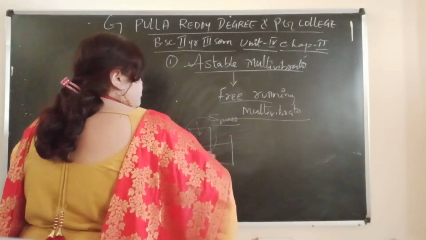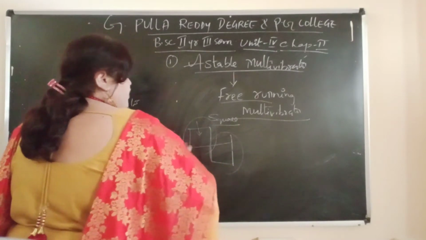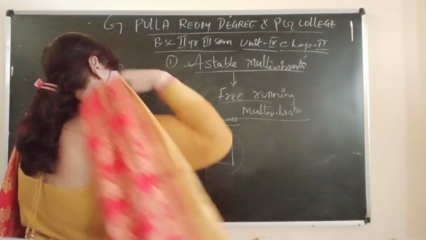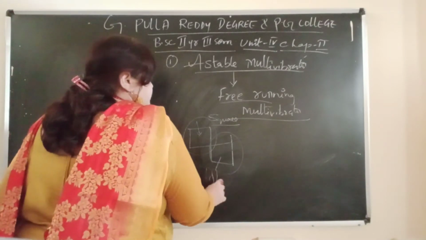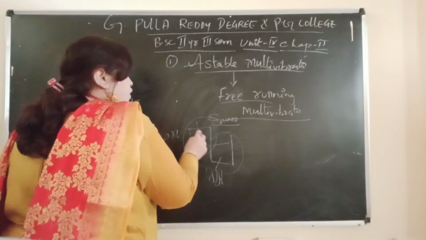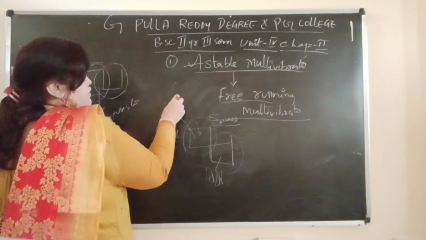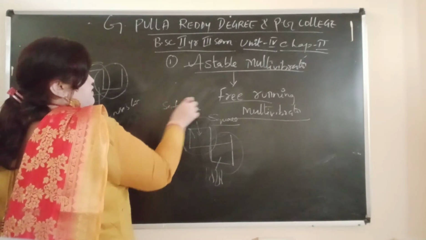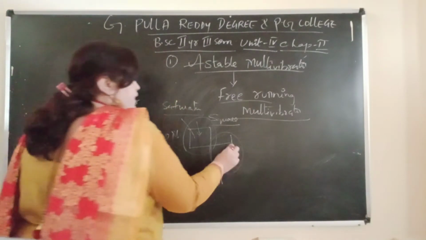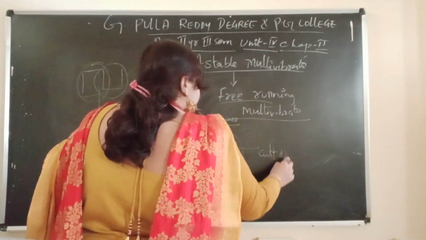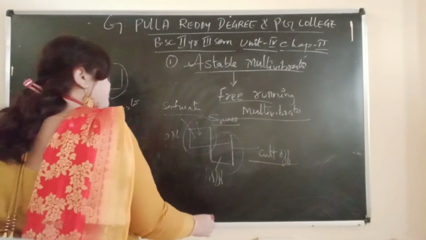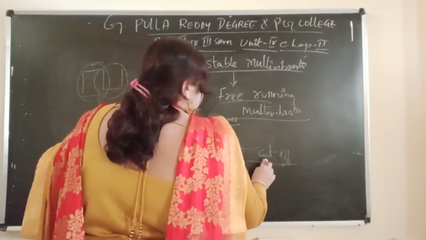Square wave has two states. Positive waveform is known as on, negative waveform is known as off. On is also known as saturation. Off means cut off.